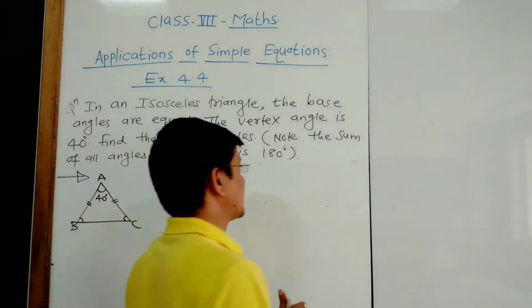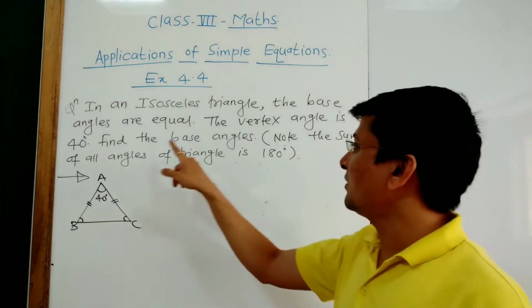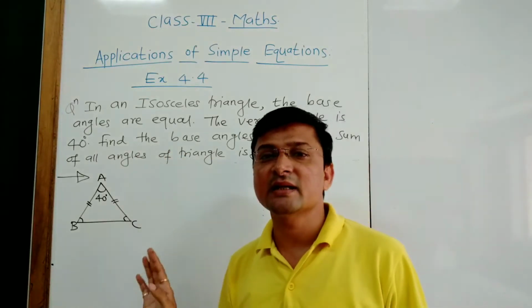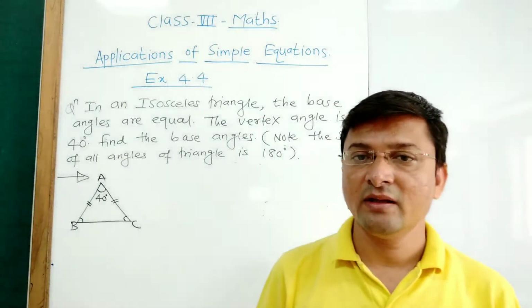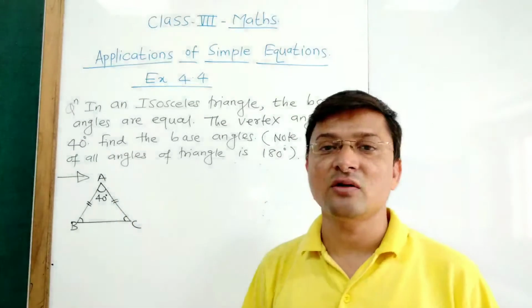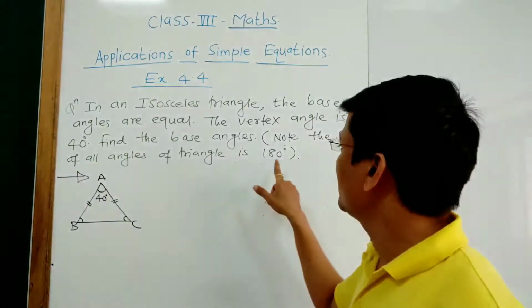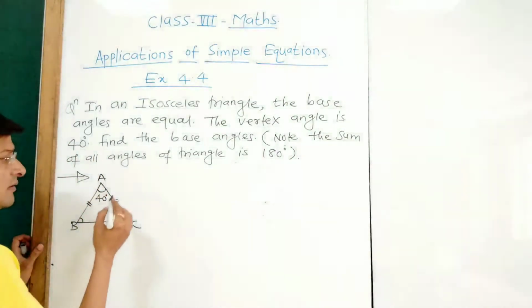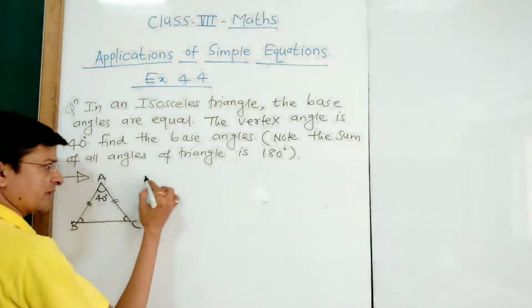And one note is given: the sum of all angles of a triangle is 180 degree. This is the angle sum property of triangle. By this property, the sum of all three angles of a triangle is always 180 degree. So here we use the angle sum property.